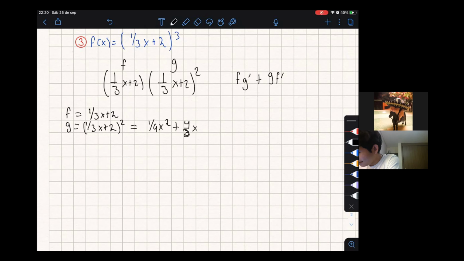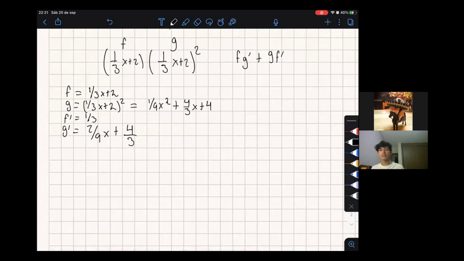I'm sorry, okay. And then we obtain their derivatives. So f prime is 1 over 3, and g prime is 2 over 9x plus 4 over 3. With this, we start by substituting the values with the respective letters.